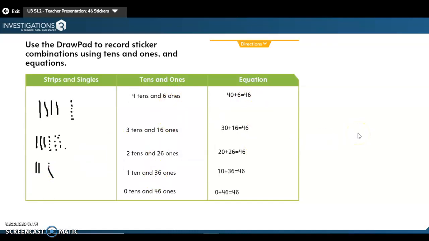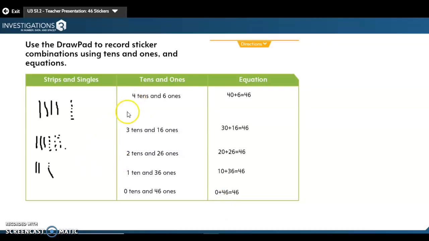Do you notice that the number of strips and the number of tens get smaller each time? They go down by 1. So 4 tens, 3 tens, 2 tens, and so on. There is 1 less strip or 10 in each row, and then 10 more singles than the one before. You notice that.